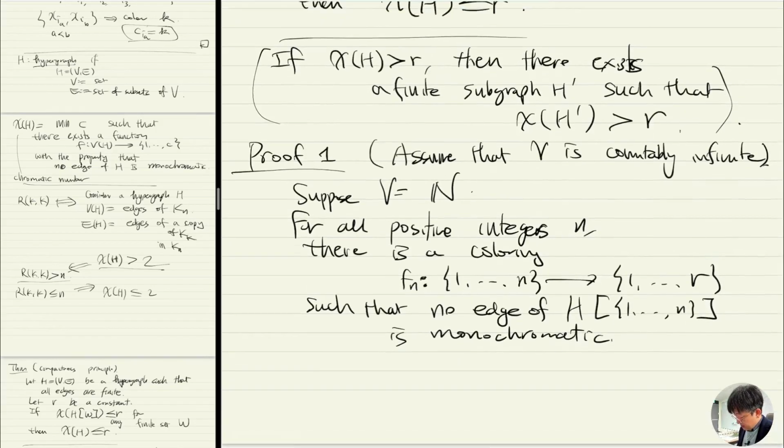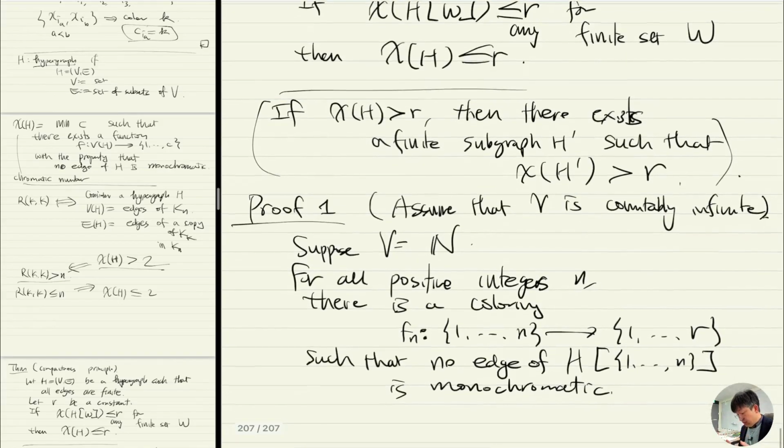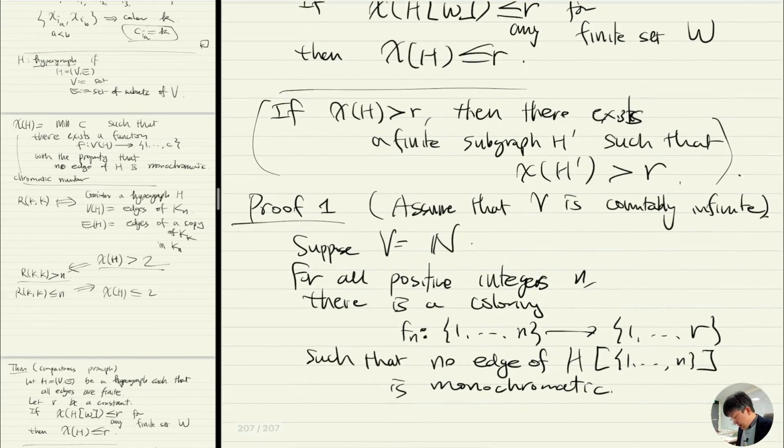Right, that's the assumption: for any finite subgraph, you have a coloring.